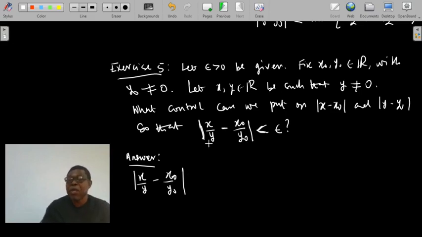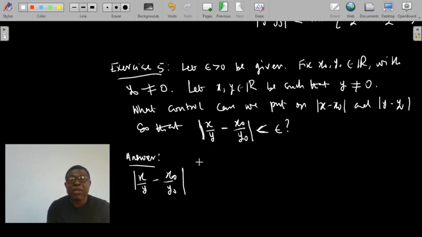It's because of this quotient we have here that y will not be 0, so that this particular thing would make meaning. And also, y naught is not 0, so that this particular quotient will make meaning. So when we are putting up a hypothesis, we are putting up conditions that will allow whatever we are trying to do to make sense.